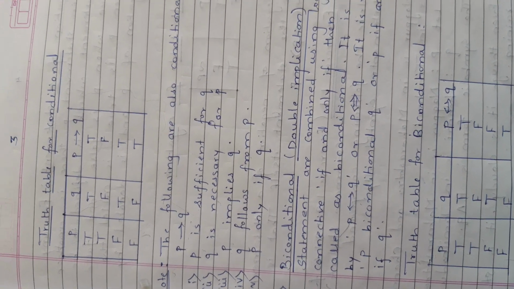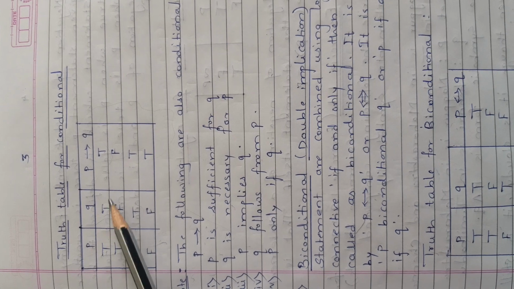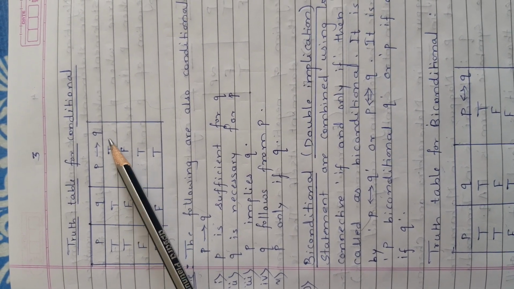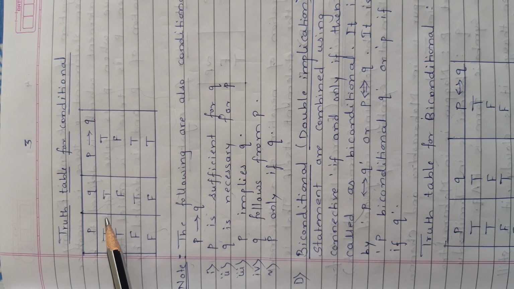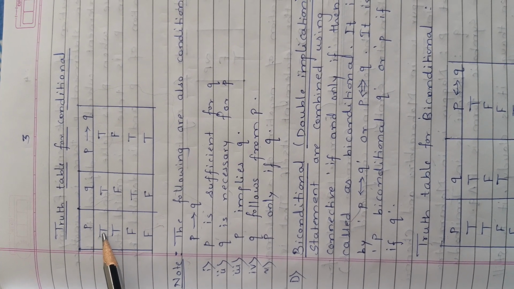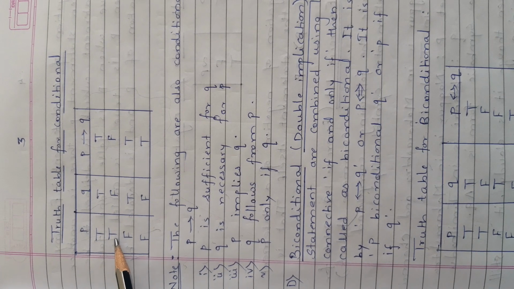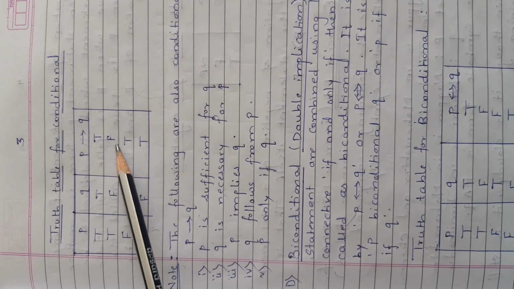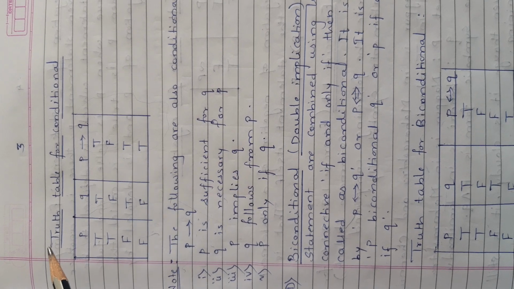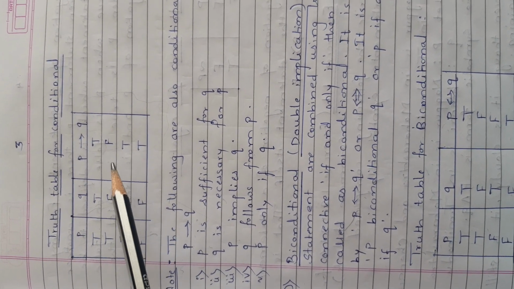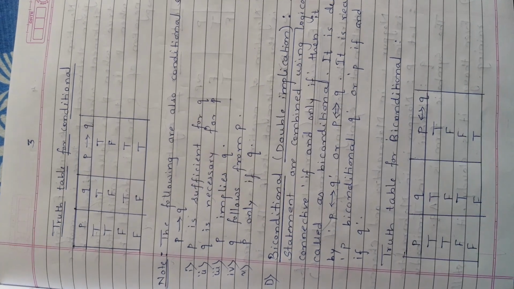We have these two statements P and Q, and the last column is of P implies Q. If P is T and Q is T, then P implies Q is T. If P is T, Q is F, then P implies Q is F. If P is F, Q is T, then P implies Q is T. If P is F, Q is F, then P implies Q is T.